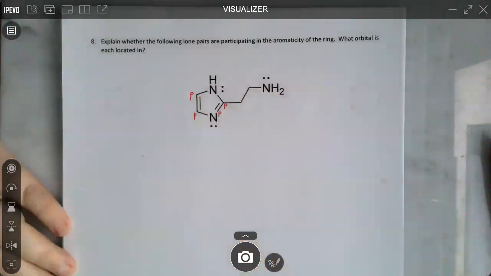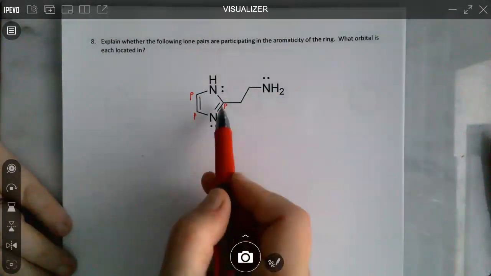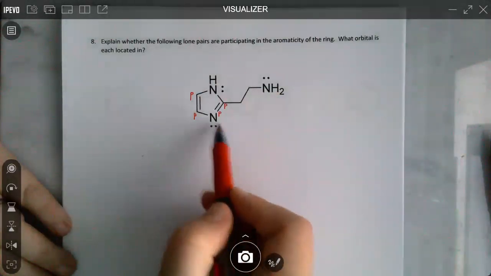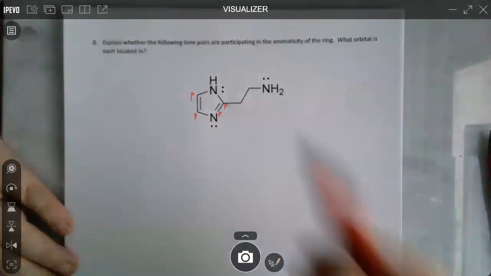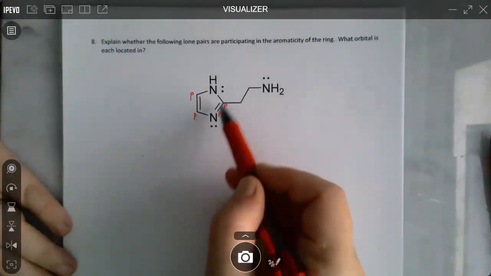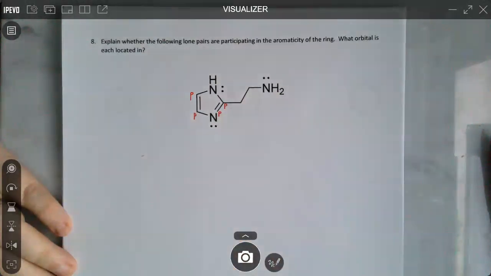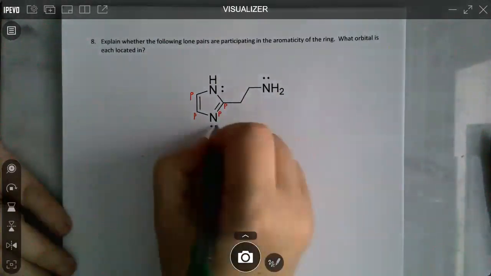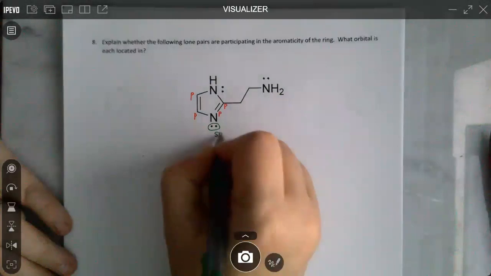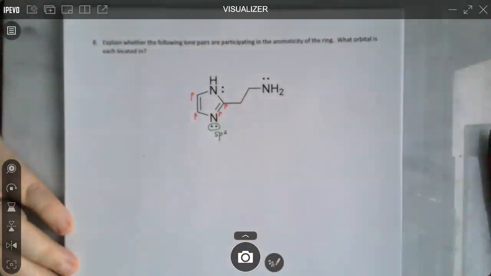So we've now looked at several examples here where when you have an atom with both a pi bond and a lone pair, right, the p orbital that's on that nitrogen is from the pi bond, which means that this lone pair is in an sp2 hybridized orbital.